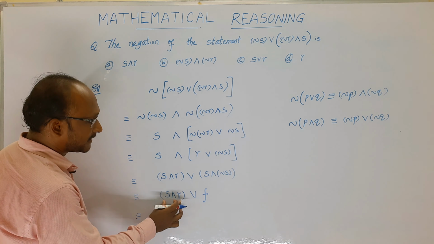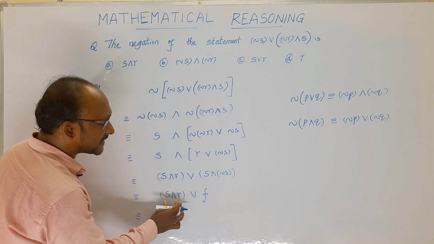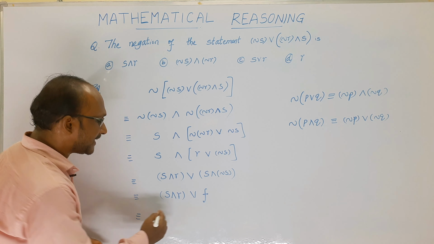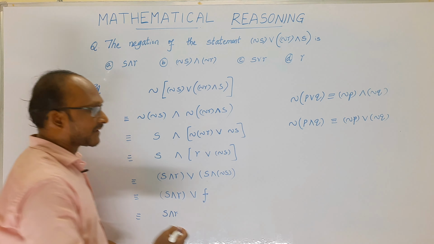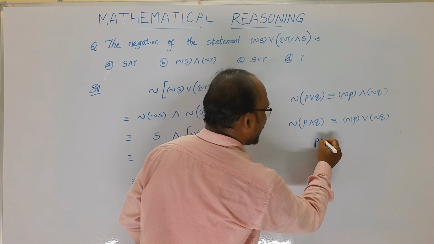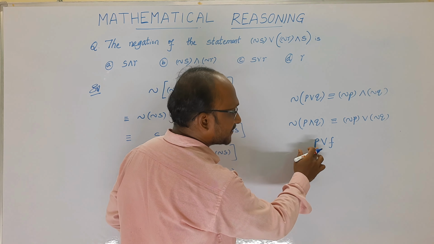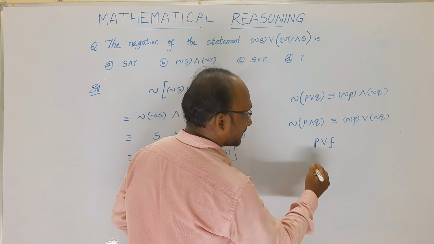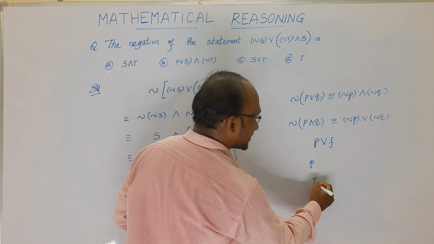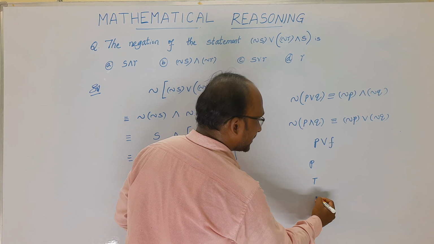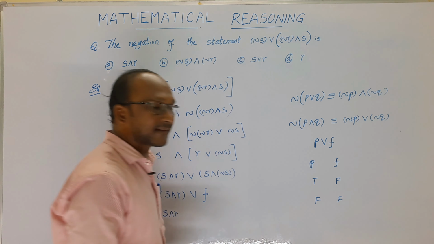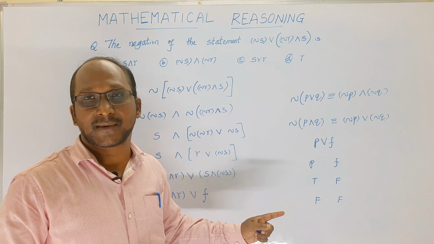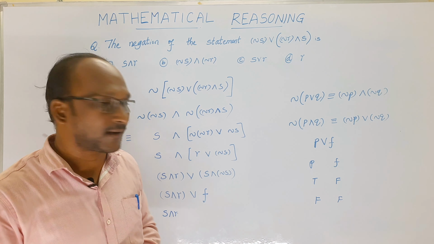But we know that the disjunction of any statement with the false statement is the statement itself. For example, the statement P or F. For the statement P, there are two possibilities, either true or false. For the statement F, always the false case, because F denotes the statement which is always false.